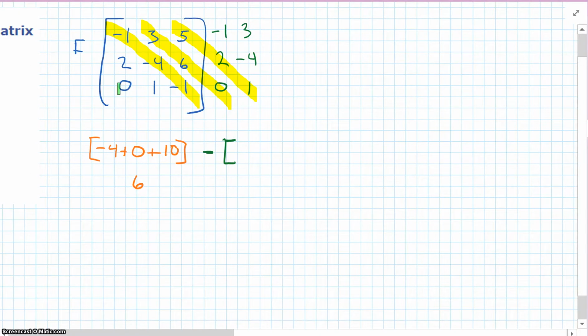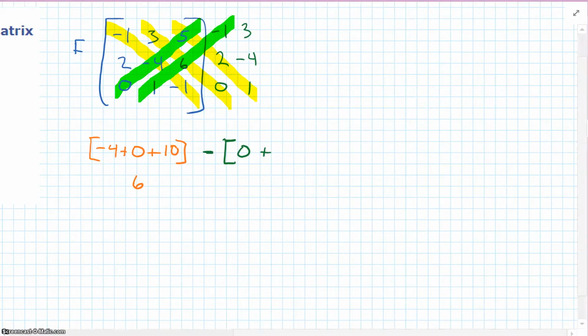So start over in the lower left, going up. 0 times negative 4 times 5 is 0, plus 1 times 6 times negative 1 is negative 6. I'm just putting parentheses around it to make it a little easier to keep up with.